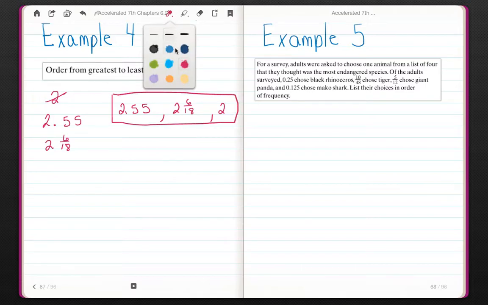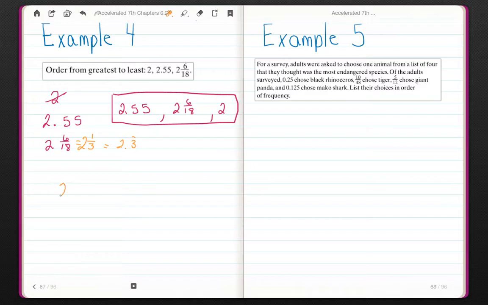Now, option 2 is to convert all of these to either decimals or to fractions. So I know 2 6/18, that's the same as 2 1/3. And I know that 2 1/3 is 2.3 repeating.